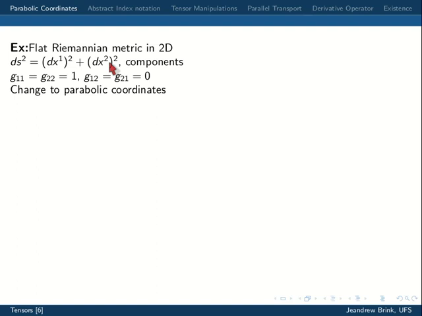What I'm now going to do is change coordinates to parabolic coordinates. For those of you that did my PDE course, there are certain sets of coordinates in two dimensions that are orthogonal to each other. Remember, we derived them from a complex equation, and one of them was the parabolic coordinates, where xc1 goes from minus infinity to infinity, and xc2 goes from 0 to infinity.